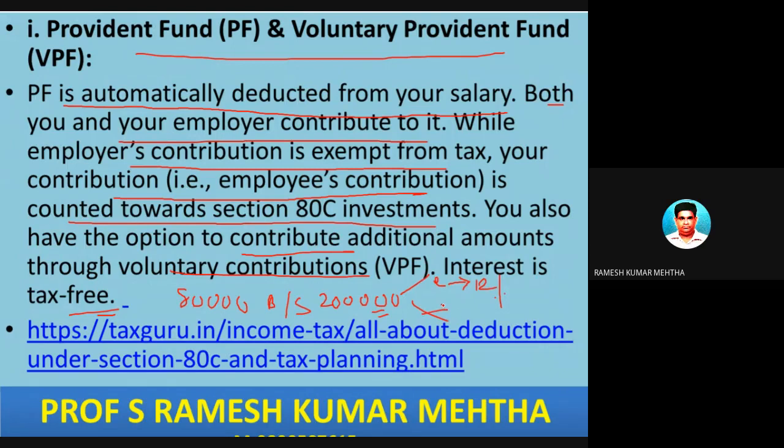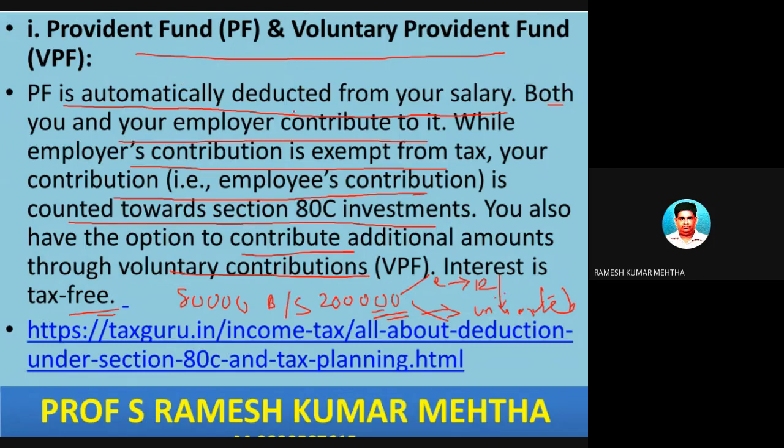As far as the employee's contribution is concerned, it can be unlimited, because it is the employee's income. He can invest whatever he feels like. So whatever is the investment to provident fund by the employee for the whole year is allowed as a deduction under Section 80C as a contribution to provident fund.